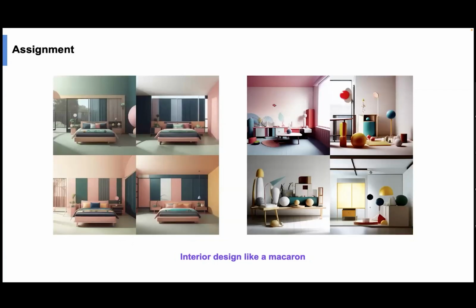And also, you may come up with something like this. It's like interior design, like a macaroon. It wasn't decided before I trained the Lora, but actually I felt like the final image looks like a macaroon, so I named it this way.